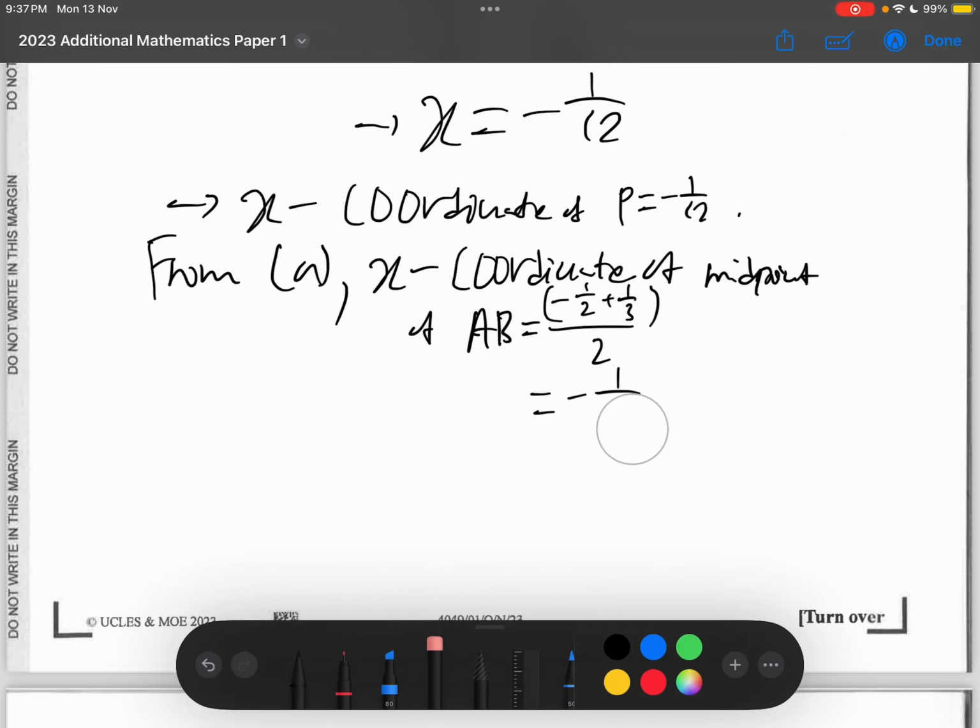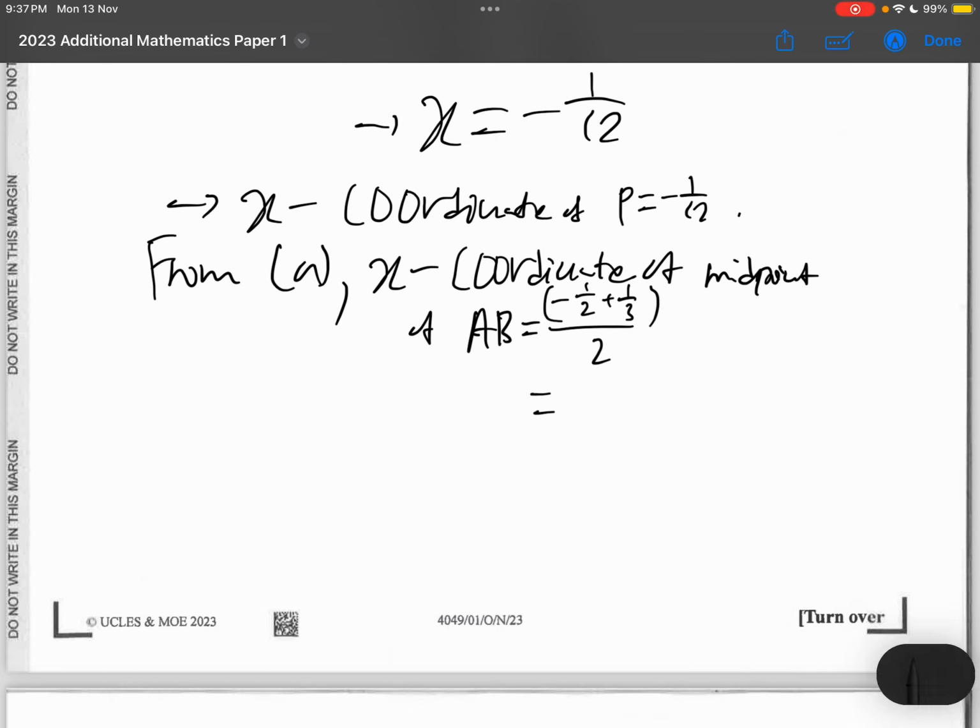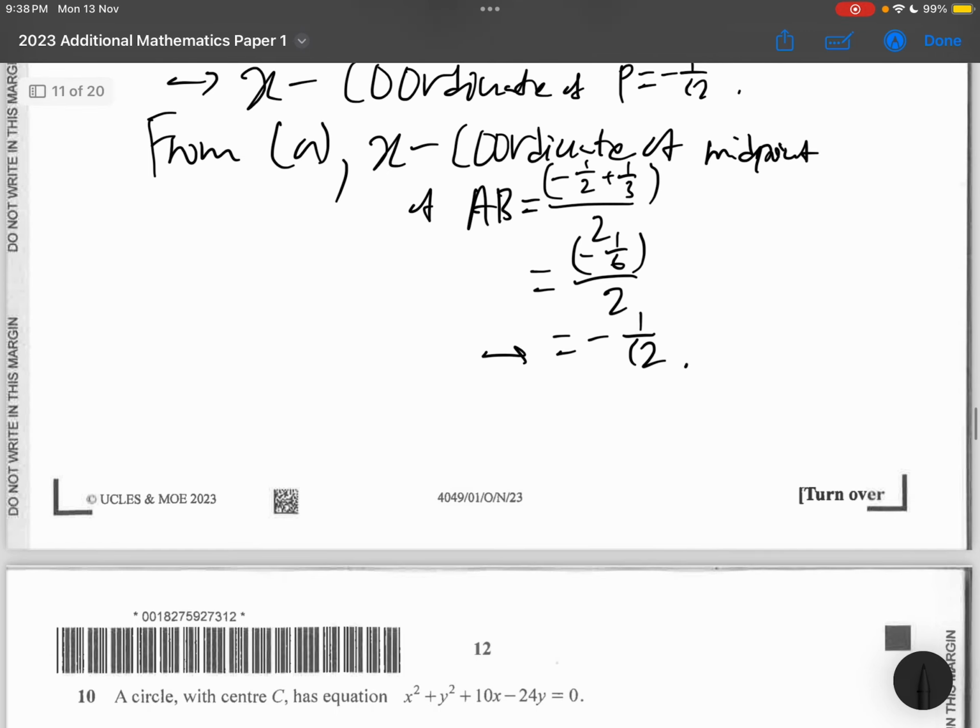Since this is a show question, I will be a bit more cautious, and instead of just presenting my answer straight away, I'm just going to do this. Okay, nice.